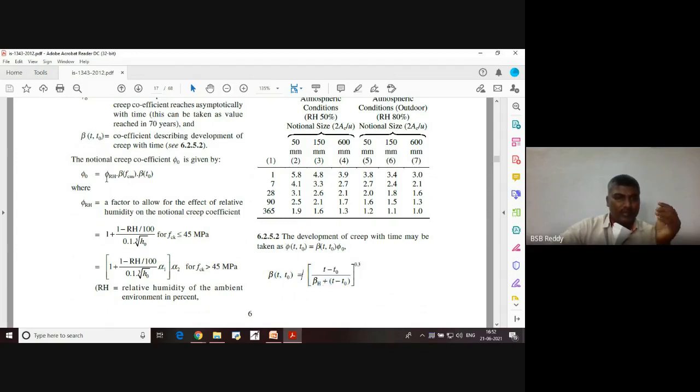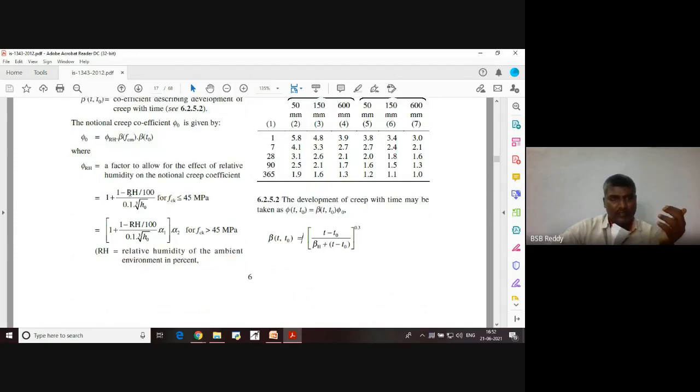So again, the different terms in the phi naught. Phi RH will be calculated by these formulas, depending on the FCK value. If it is less than 45, use this one. If it is more than 45, use this one.